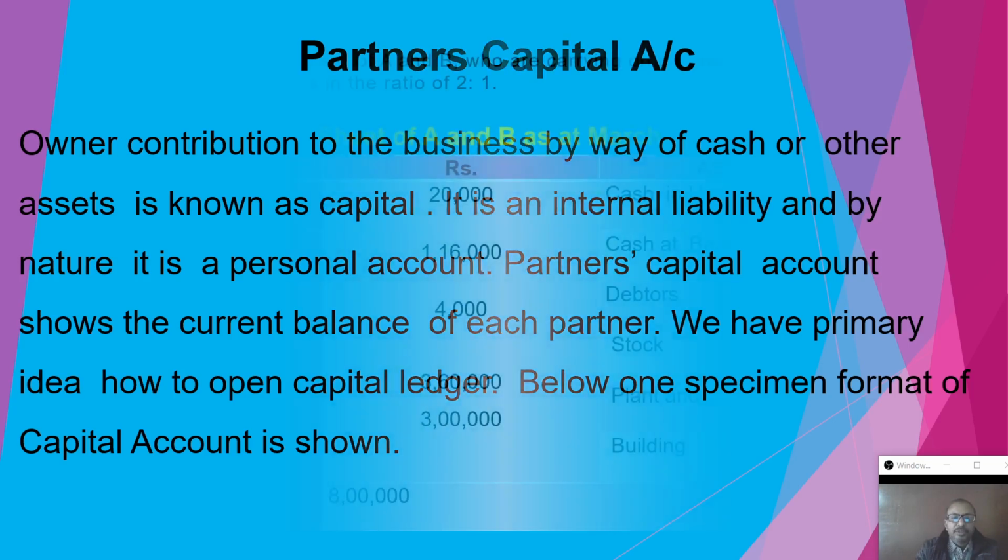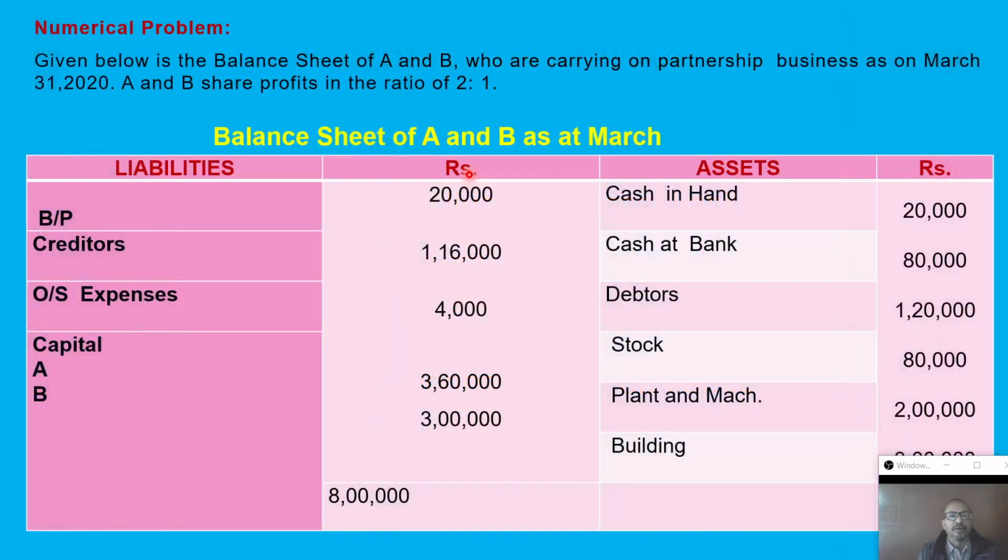Now there is one specimen problem, a practical numerical problem, to complete the partner's capital account. So here there are two partners, A and B, and their profit sharing ratio is 2:1. Their financial position as on 31st March 2020 was as below.